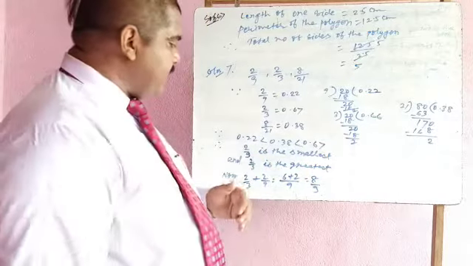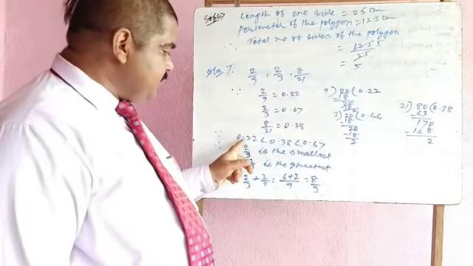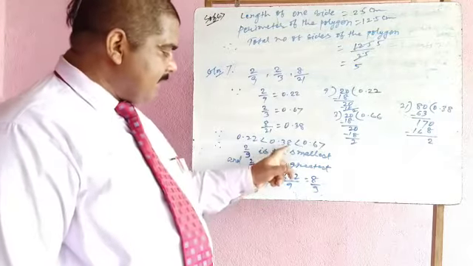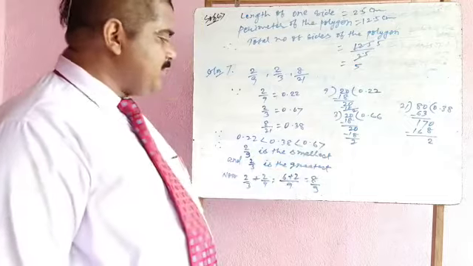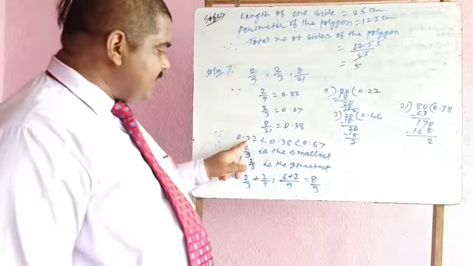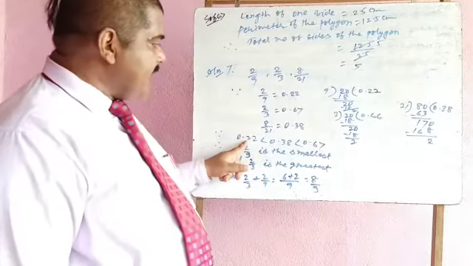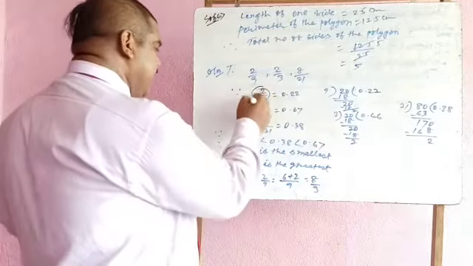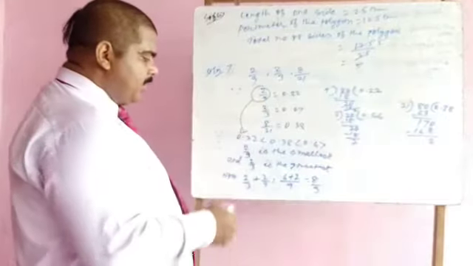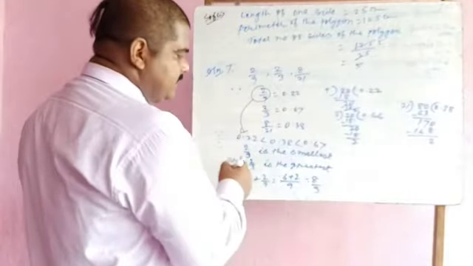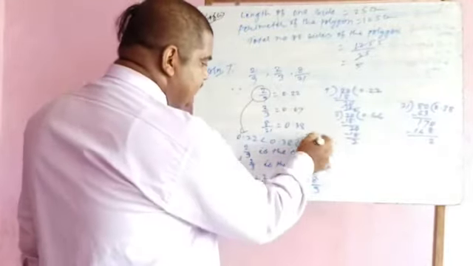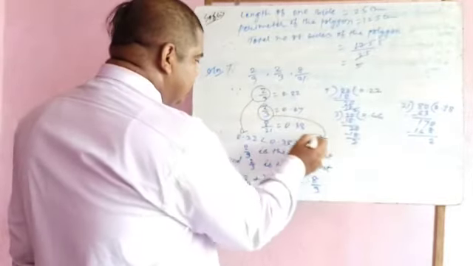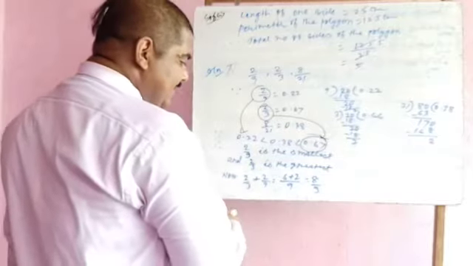When you compare, you get that 0.22 is smaller than 0.38, and it is smaller than 0.67. So the smallest one is 0.22, which is the fraction 2/9, and the largest is 0.67, which is 2/3, so it is the greatest.